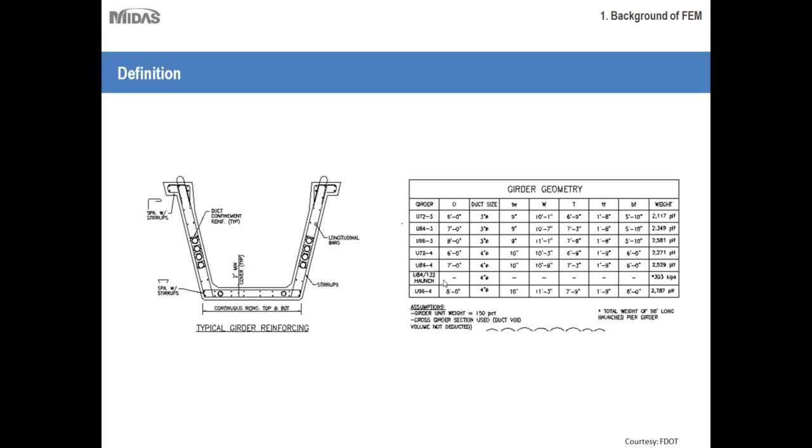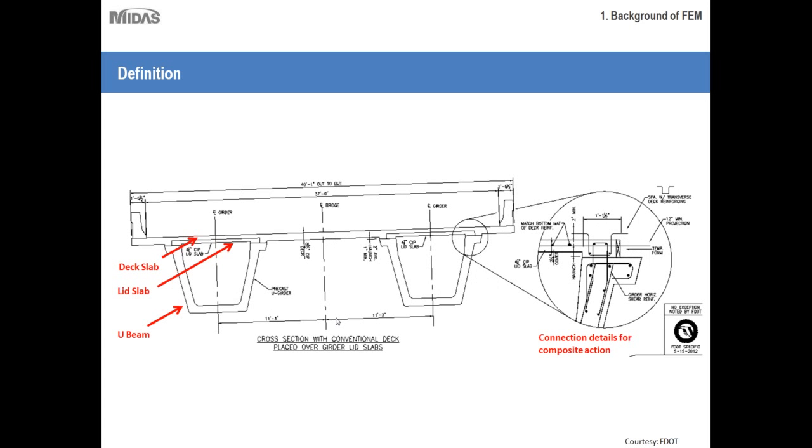As you can see, different DOTs are giving different specifications for the type of sections that should be used in their states. You can see some standard definitions for the sections. These beams are called U-beam, U72, U64, U96, and all these different configurations are available. They are the typical girder sections that you can start with.